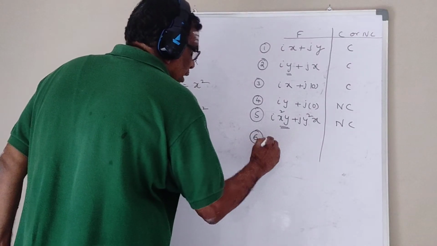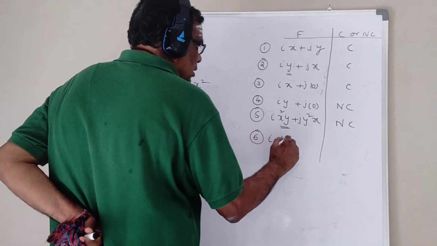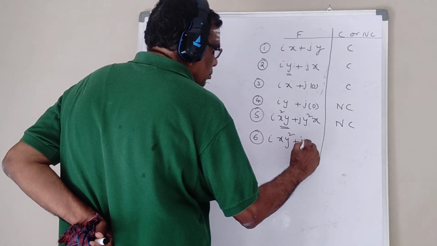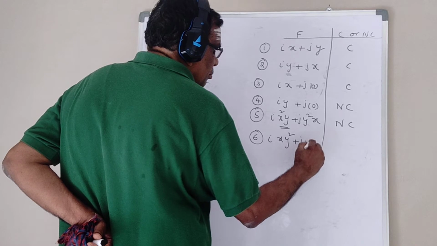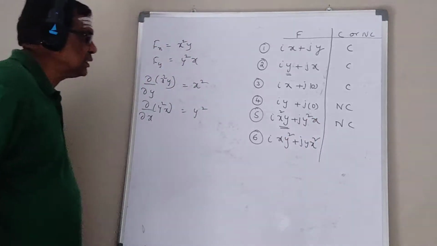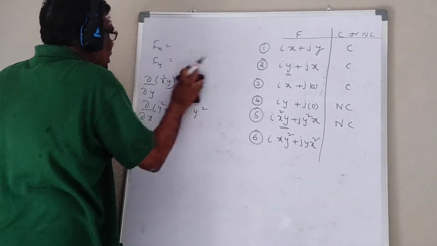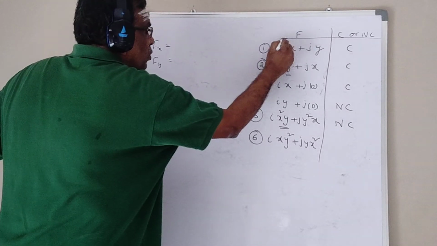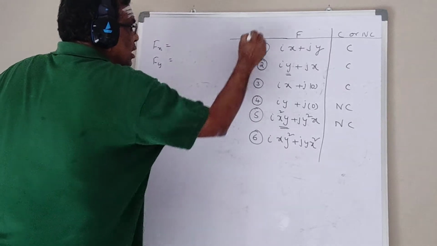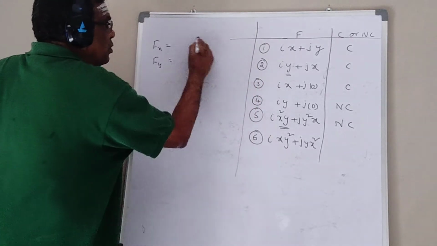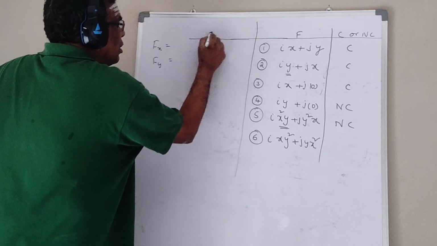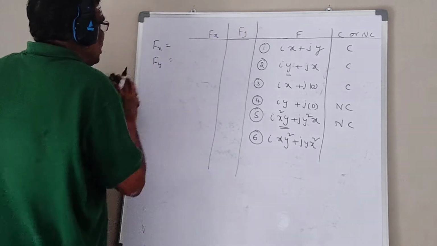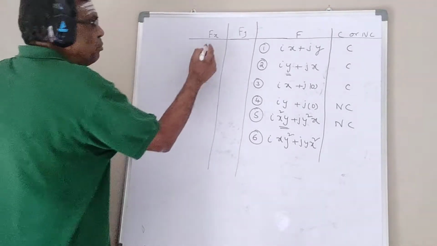I hope you are able to follow this. Then I slightly give differently: i x y² plus j y x². If you are interested, I will extend this for you. f_x, f_y, so that you don't have any problem.